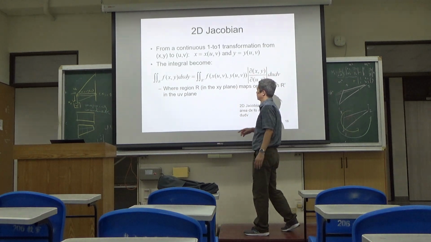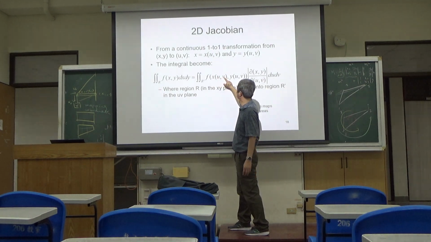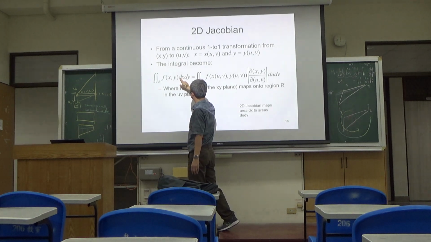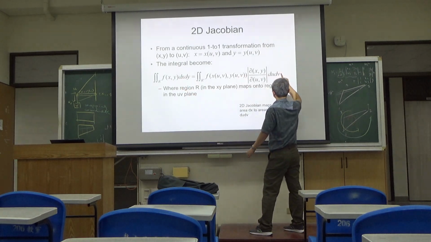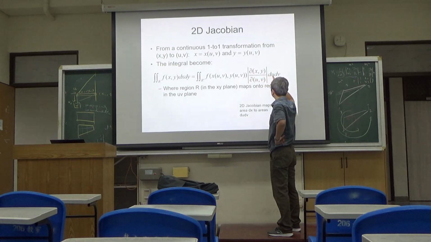In this case, the bound can be defined using u and v coordinate. Then rather than integrating with dx dy, you have to integrate over the space of Jacobian times du dv. What is this Jacobian?